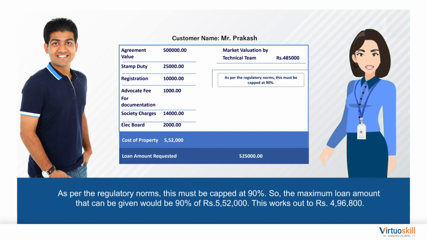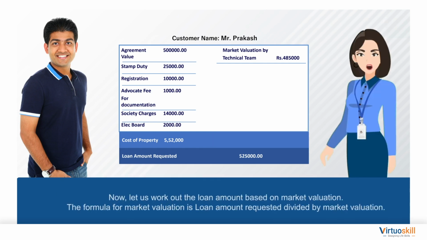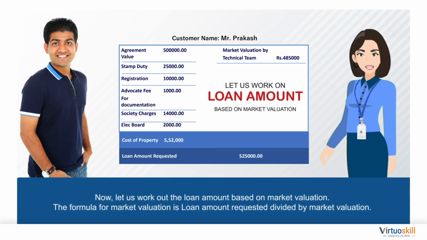As per the regulatory norms, this must be capped at 90%. So, the maximum loan amount that can be given would be 90% of 5,52,000. This works out to Rs 4,96,800.